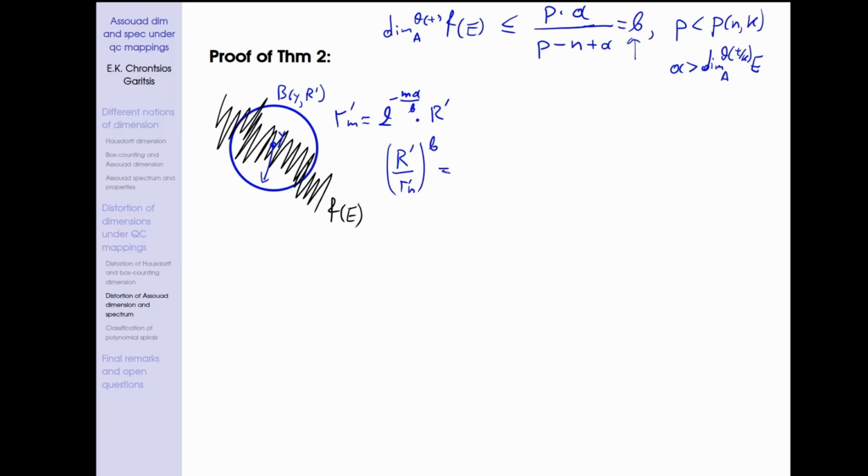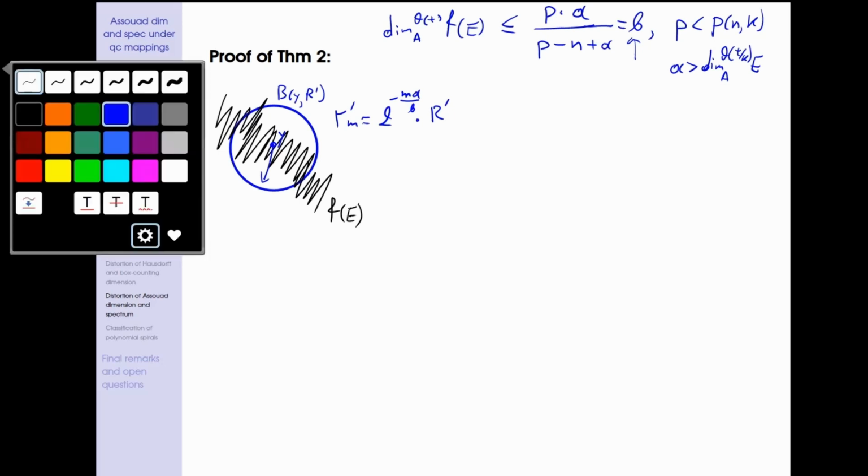If we do the calculations, this would in fact be just 2 to the m alpha. Ideally, we want to get this bound from the bound for the theta Assouad spectrum of the source of E. So we will choose scales Rm without the prime, so that this is the ratio of the scales to the alpha, which is a number greater than the Assouad spectrum. Okay, so we need to use this kind of scales in the source.